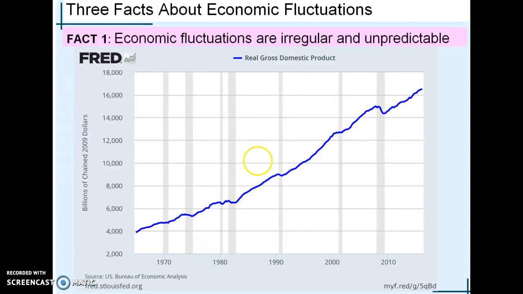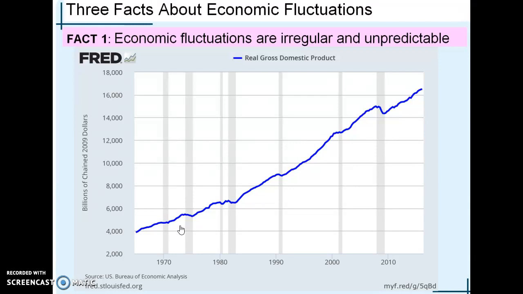So just some facts about economic fluctuations. All these shaded bars here are recessions, and here's our last recession in 08 to 09. Mainly, they are unpredictable. If recessions were predictable, we could do something about it and prevent it from happening.